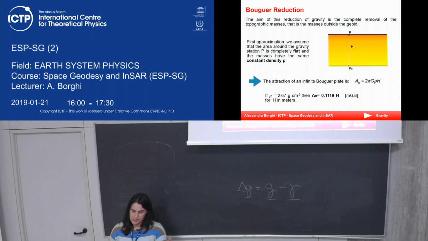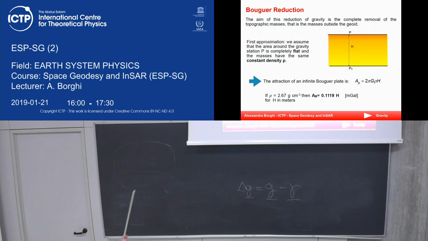But for geophysical applications, it's important to use Bouguer. So this is the first difference, and when we speak with people from geophysics, we have to keep it in mind. They speak about Bouguer, we speak about gravity anomaly. It's not a problem, but we have to speak the same language, of course.